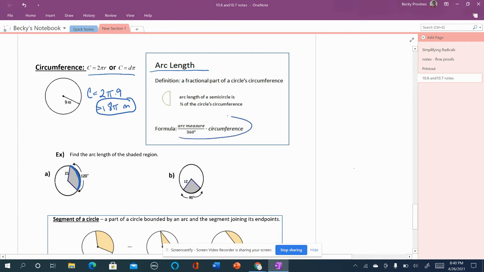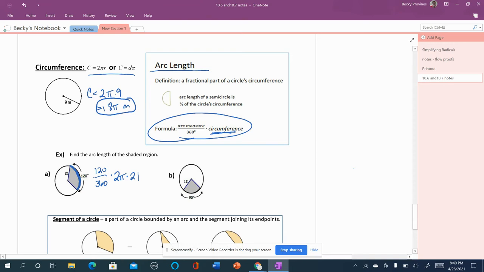So we're going to start out kind of like we did before. We're going to take the degree of the arc over 360, then times it by circumference. So 2 pi times my radius, which is 21. We're going to leave our answer in terms of pi again. So just grab your calculator, take 120 divided by 360.